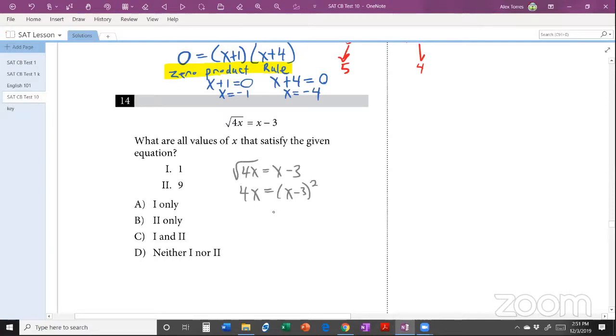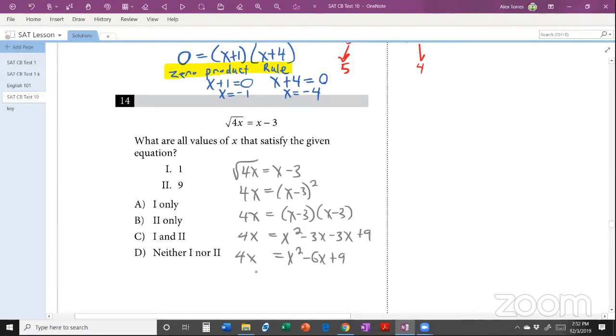X minus 3 squared means x minus 3 times x minus 3. So we'll just write that out. We can FOIL this, x squared minus 3x minus 3x plus 9. Combine like terms, x squared minus 6x plus 9.